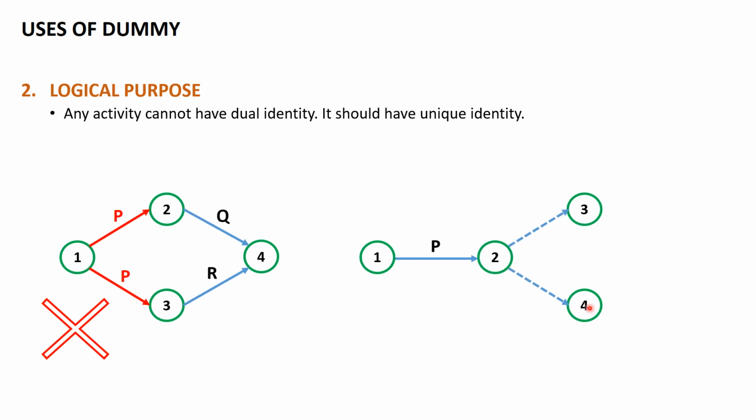So now what we can have is activity P running to event number 3, and P again to event number 4. So now I'll be having activity Q and activity R, and finally the final event, and this would be the correct representation of an activity on arrow network diagram using the logical purpose of dummy, right?